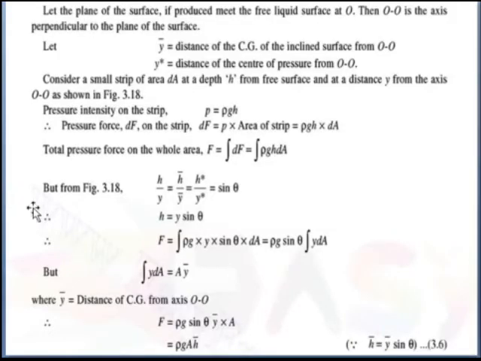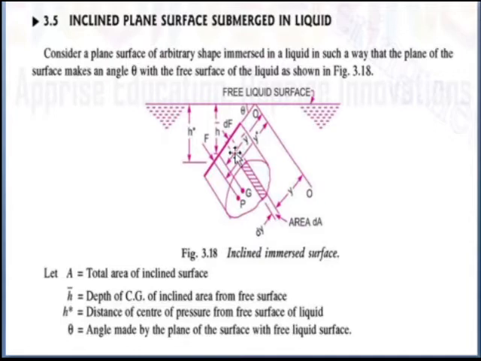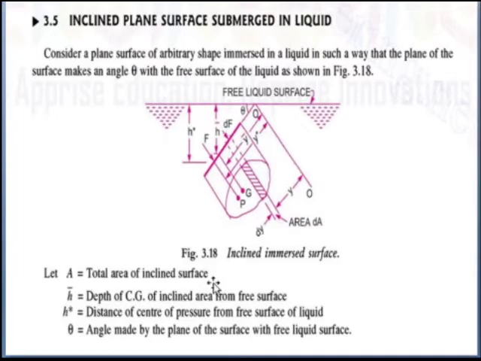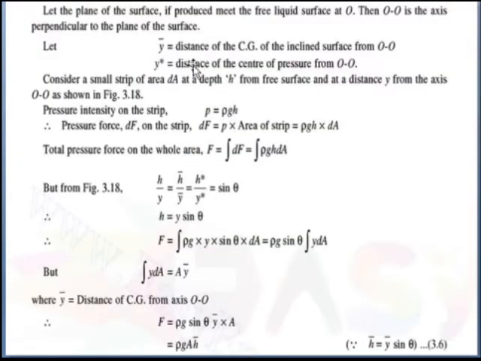If the plane of the surface is produced to meet the free surface of the liquid, then the angle between these two is theta. Then what they have given next is y bar and y star.